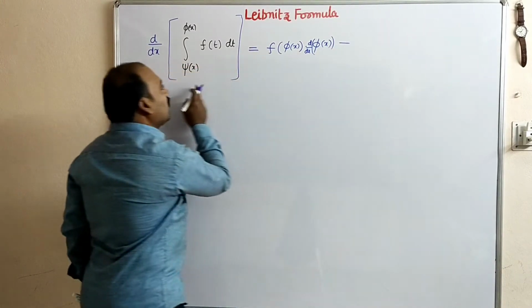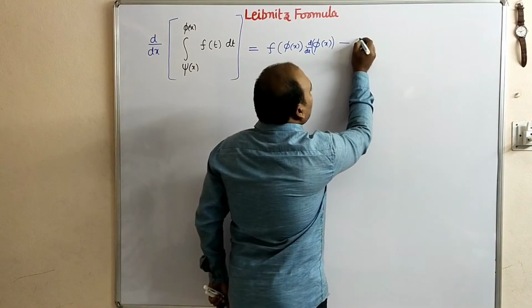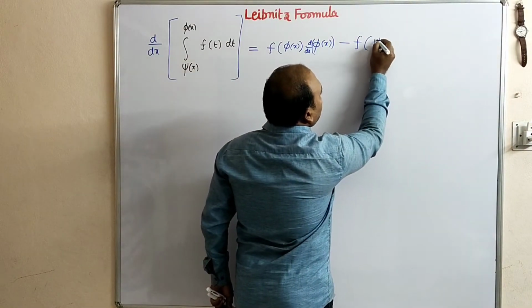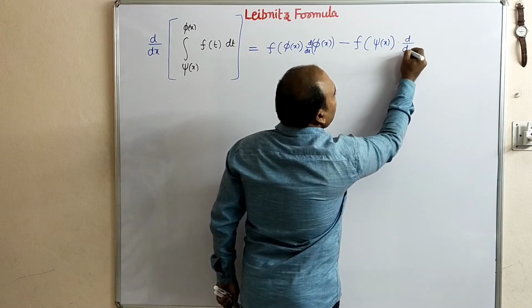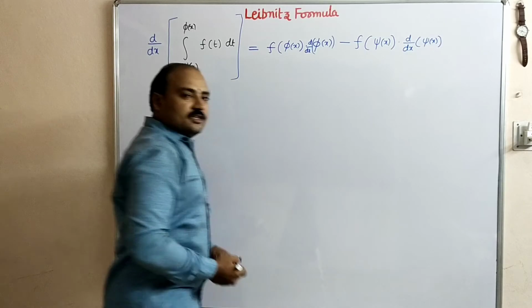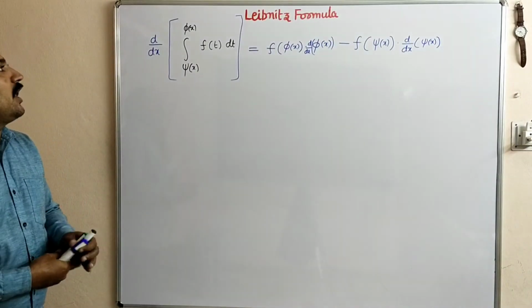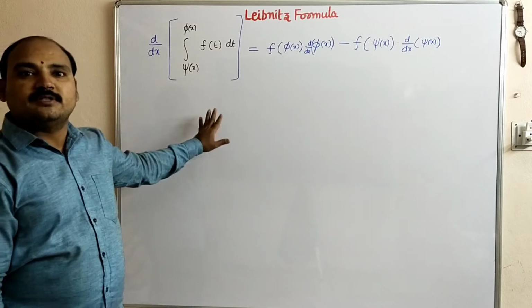Minus, come to the lower limit: in place of t you have to write psi of x, so f of psi of x into d by dx of psi of x. This formula is known as Leibniz formula.